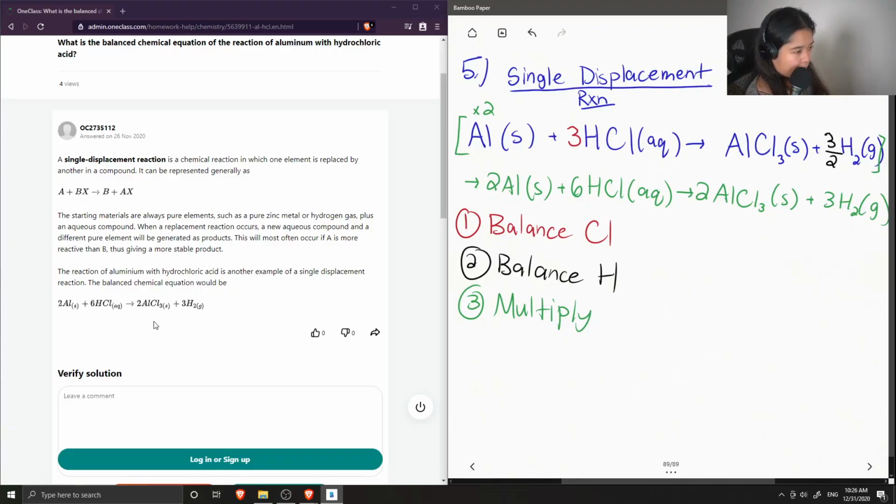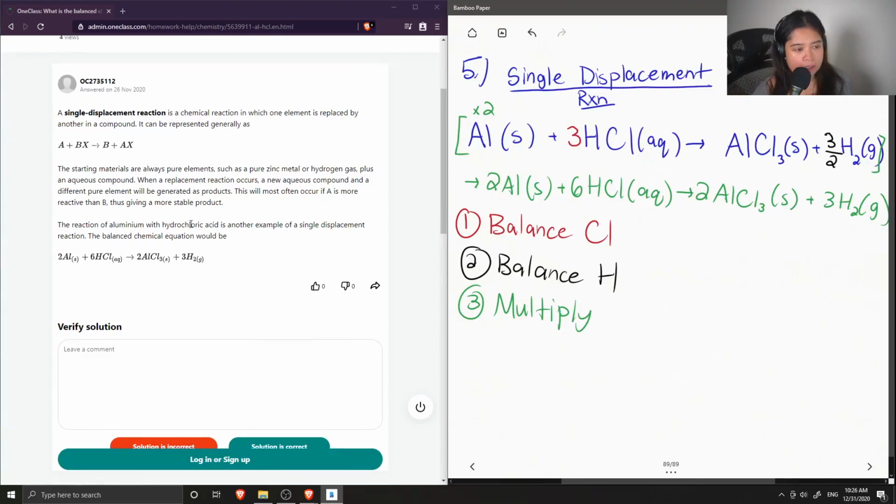The starting materials are always pure elements, such as pure zinc metal or hydrogen gas plus an aqueous compound. When a replacement reaction occurs, a new aqueous compound and a different pure element will be generated as products. This will most often occur if A is more reactive than B, thus giving a more stable product.